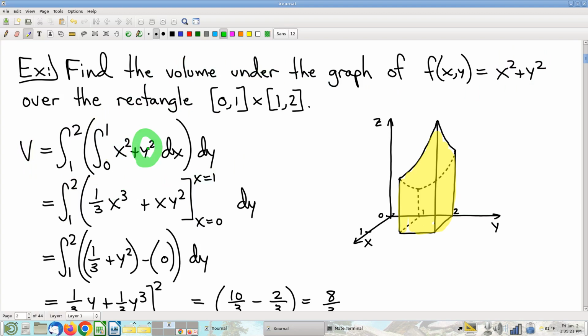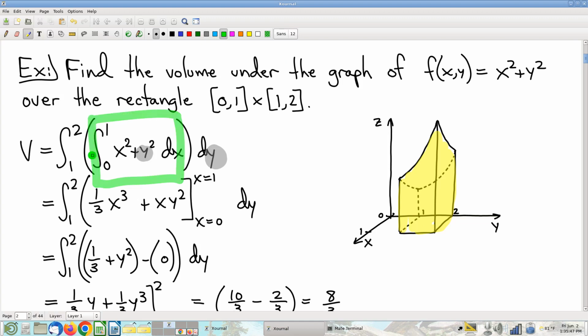Here's where a landmine is. Very common landmine for students to step on. Tempting to say 1/3 y cubed, because that's how you do antiderivatives, right? But no, you've got to remember the outside variable is constant for the purposes of the inside integral, and it is the inside integral that I'm doing right now.